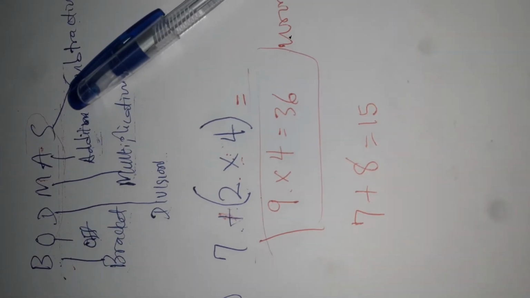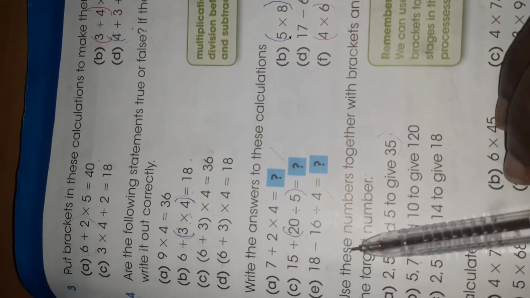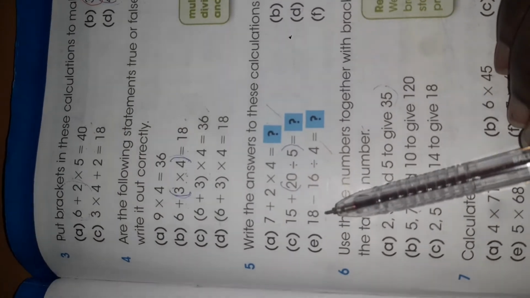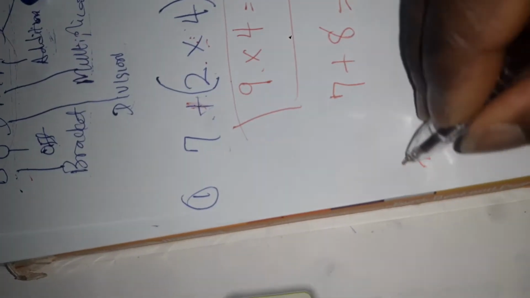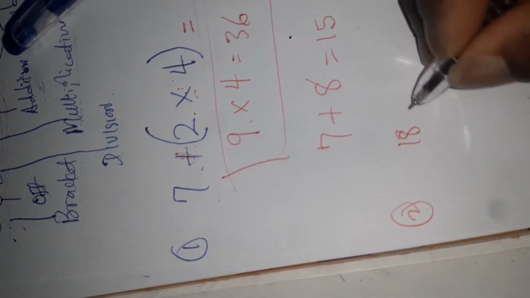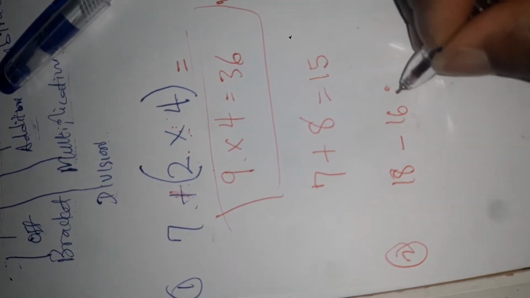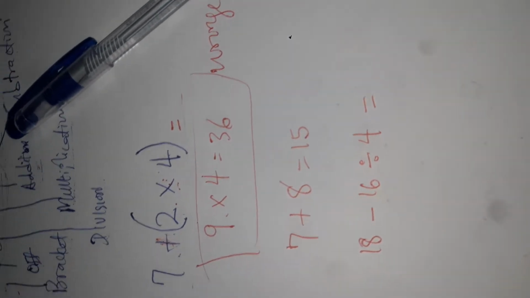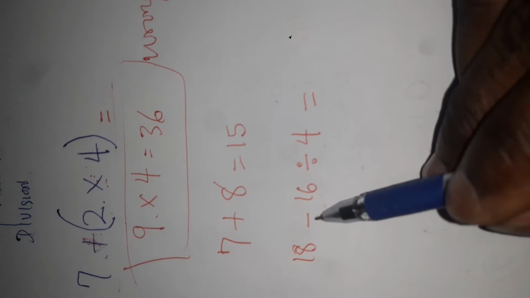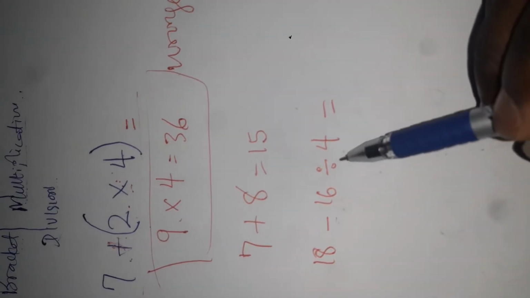Okay, I'll take another example. Now let me take this example. 18 minus 16 divided by 4. Question 2. 18 minus 16 divided by 4. So what's our answer? Now I have 2 operations, minus and division, okay?